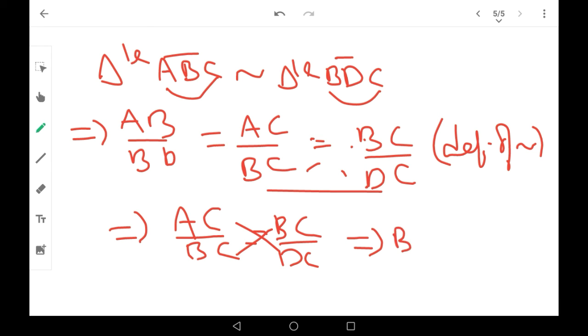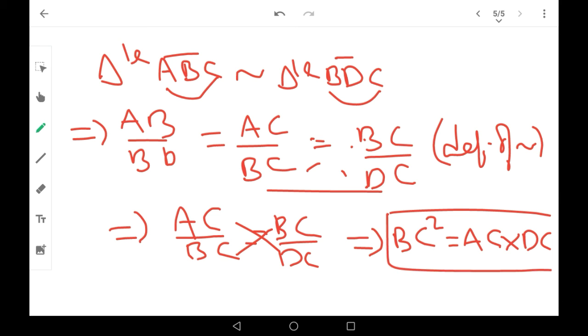BC square is equal to AC into DC. Take this as the second equation. Previously we got the first equation, AB square is equal to AD into AC. I got that as the first equation and this is the second equation.